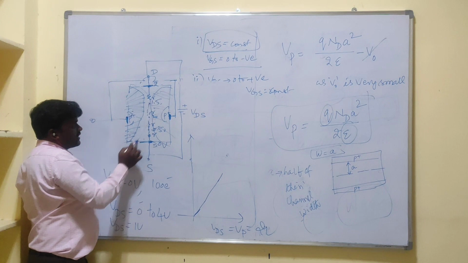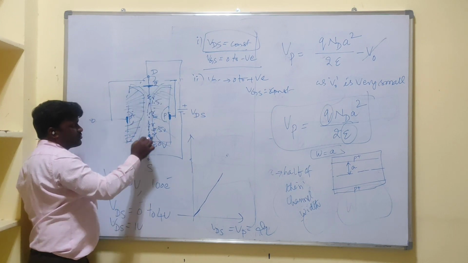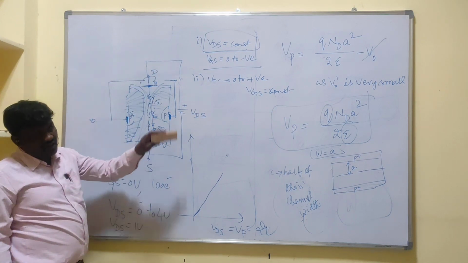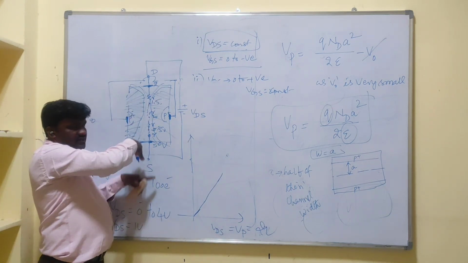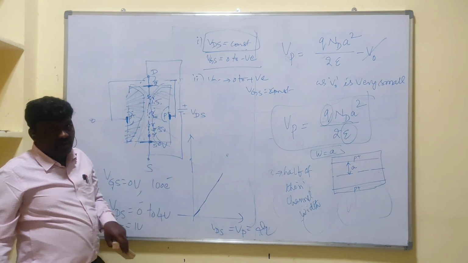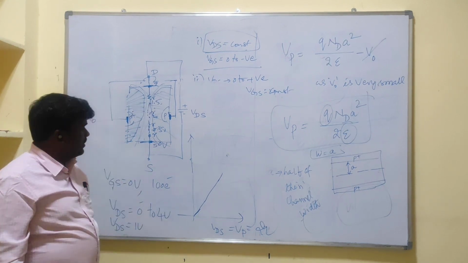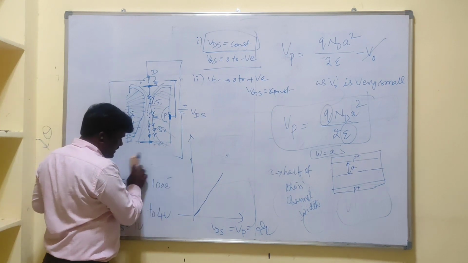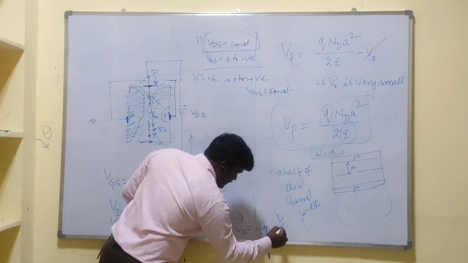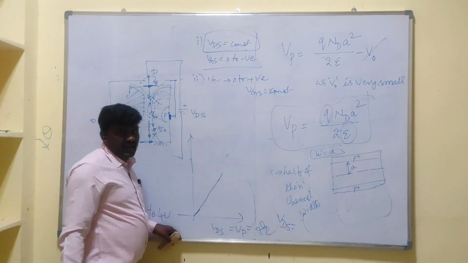As VDS increases, these depletion regions also increase, and at the particular value of VDS equal to pinch off voltage, these regions will touch each other, the channel will be pinched off and current reaches the saturation value. So if VDS equal to VP, we will get a high electric field.